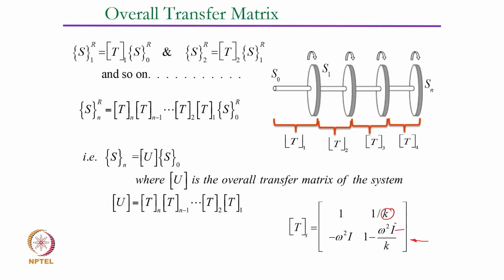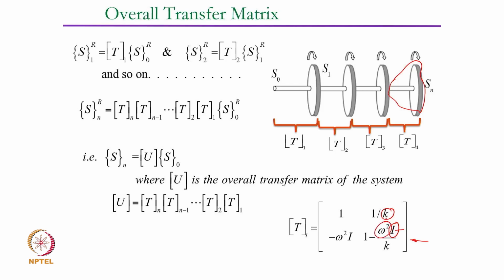Now this K and I, these are all the properties that you will anyway know for your system. In that gearbox, you know each gear, its dimensions, the material properties and all. So you know the inertia value of that gear, and the shaft connecting to the next segment, you know the dimensions of the shaft, so you know the stiffness of the shaft, knowing the material properties. So that way I and K are known for your system.